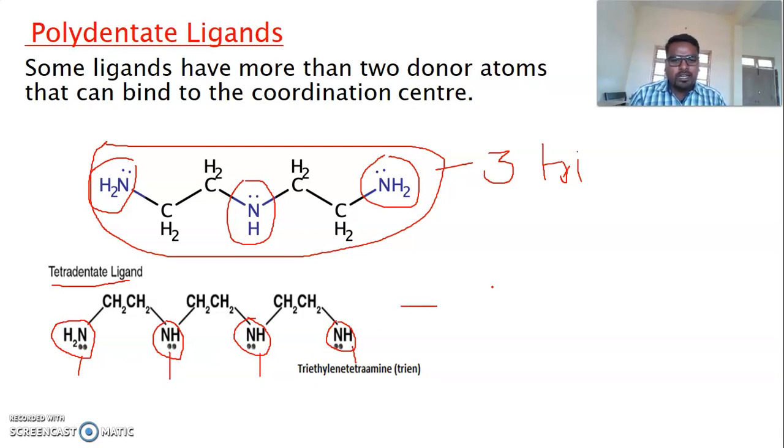So totally it can form 4 coordination bonds, donating 4 pairs of electrons to the central metal atom. That's why it is called a tetradentate ligand, and the name of the molecule is triethylenetetramine. So this is called 'en'; in short we represent it as 'en'. So this is 'trien'.